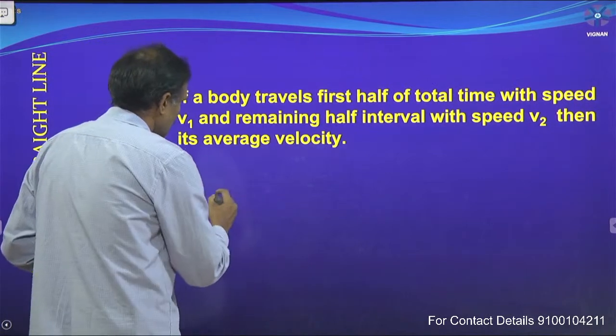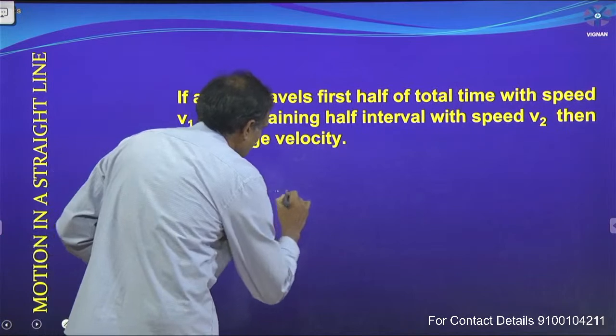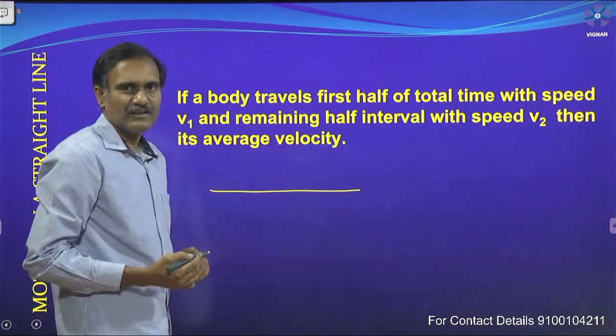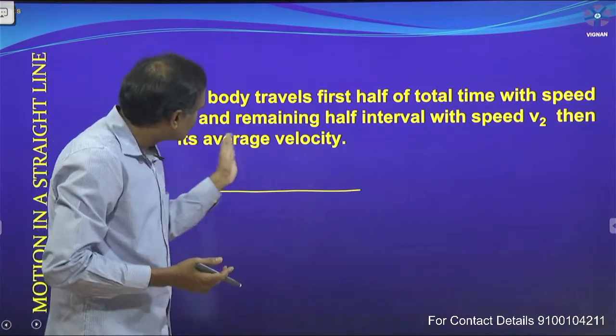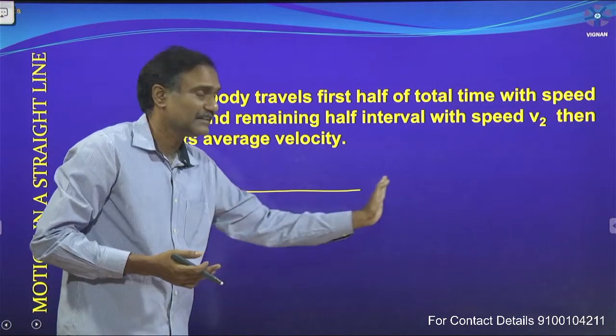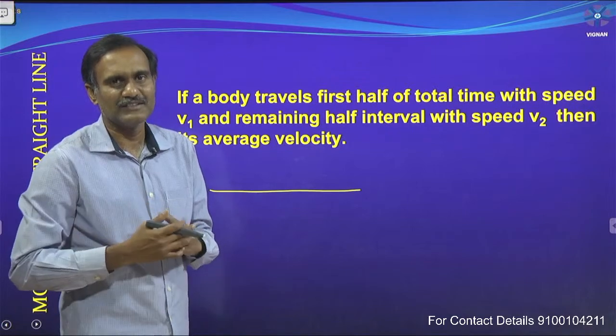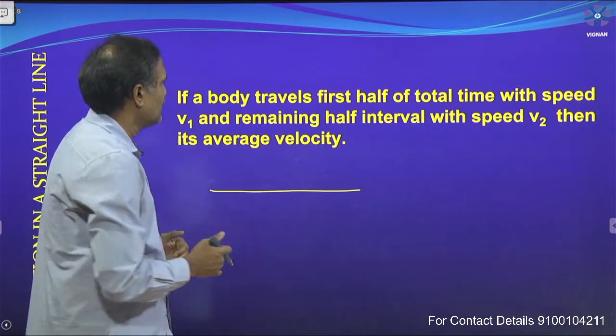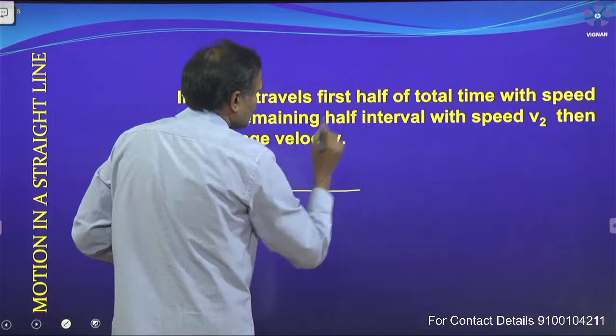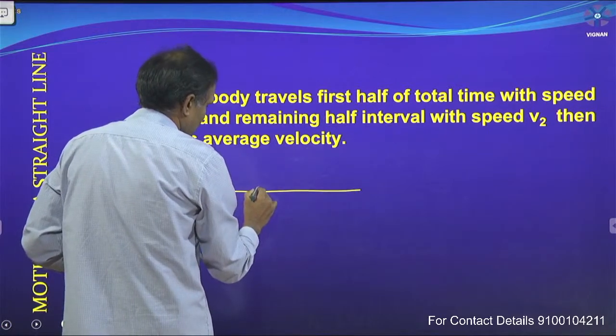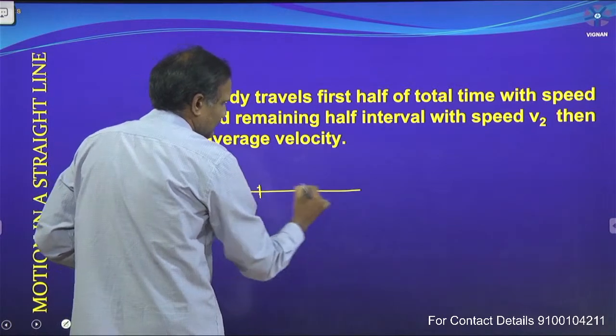For that also I want to draw a diagram. Here also the body is moving along the same straight line. In the first half of the total time interval, I want to consider this.